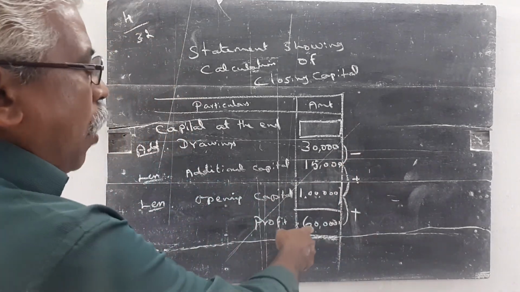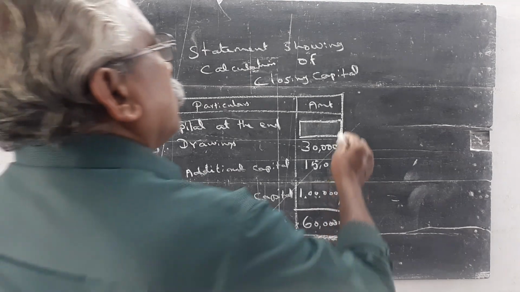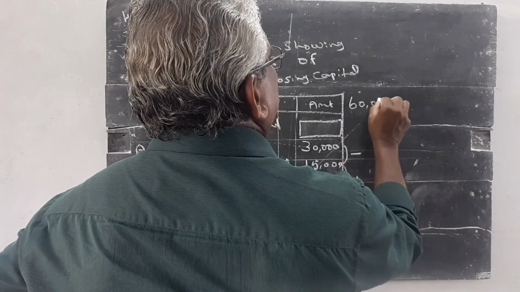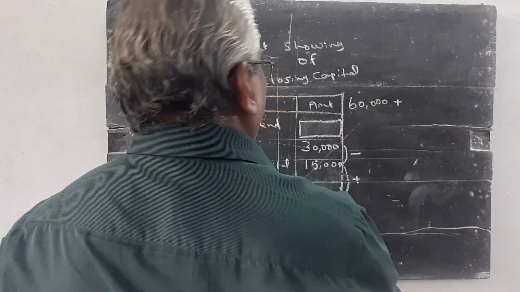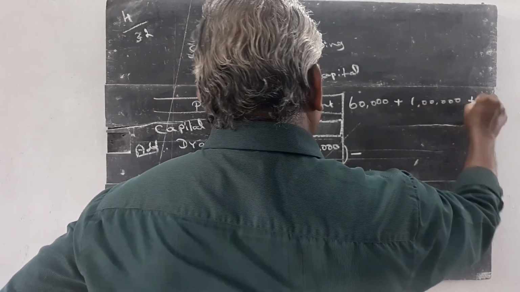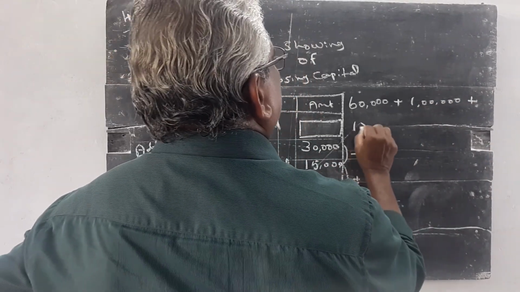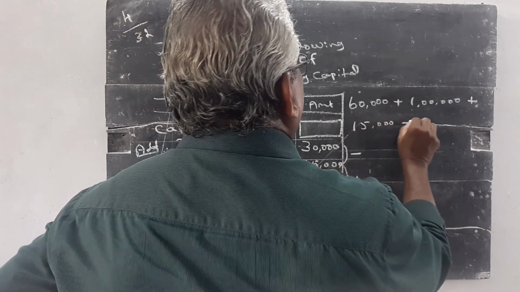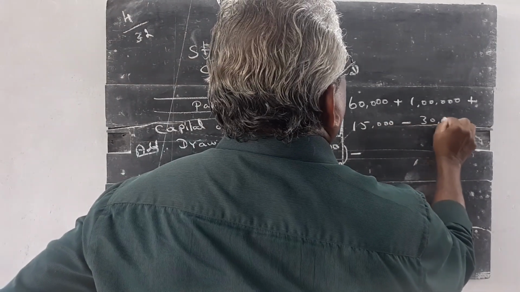How do you write? From the bottom we have to go. 60,000 plus 1 lakh plus 15,000 minus 30,000.